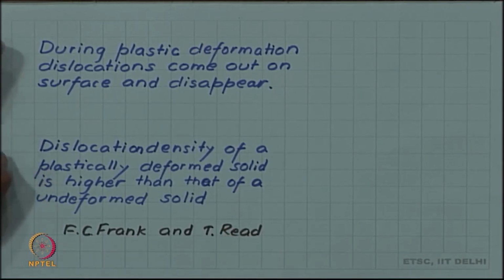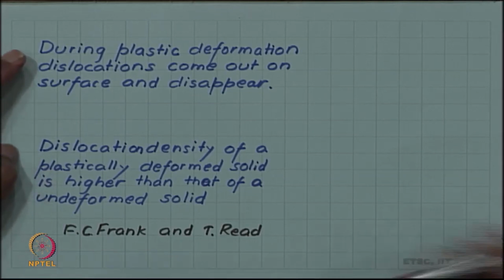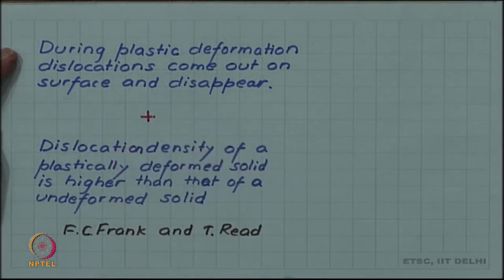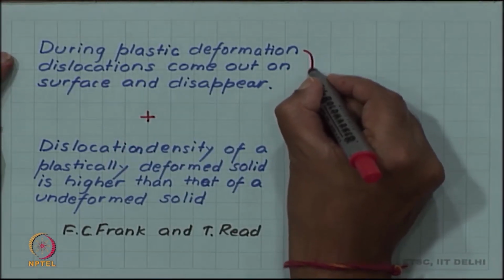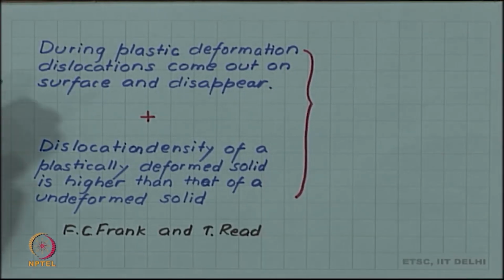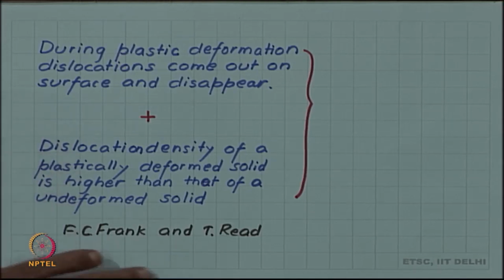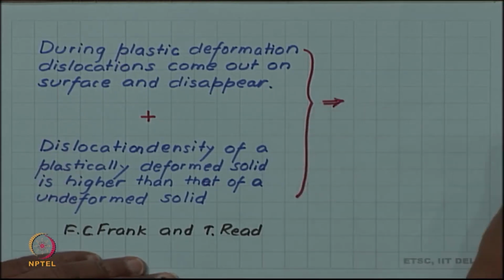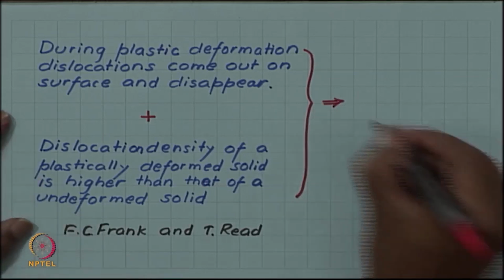They saw that actually both of these things can be true, they are not contradictory, and together they imply that since the dislocation is coming out and disappearing, and despite that the final dislocation density is increasing, there must be some sort of sources of dislocation in the crystal.